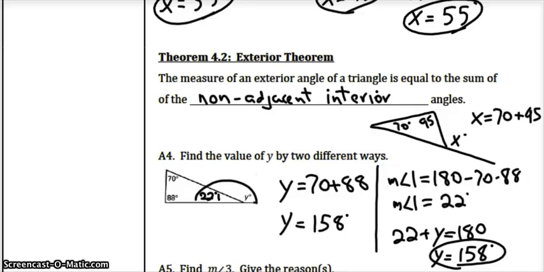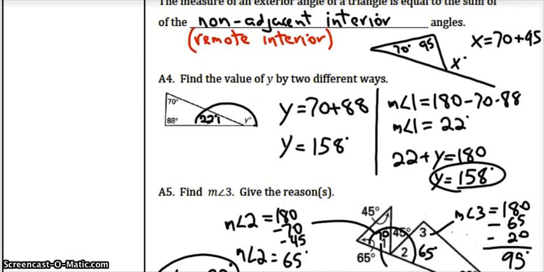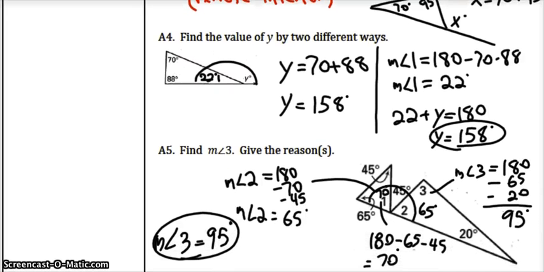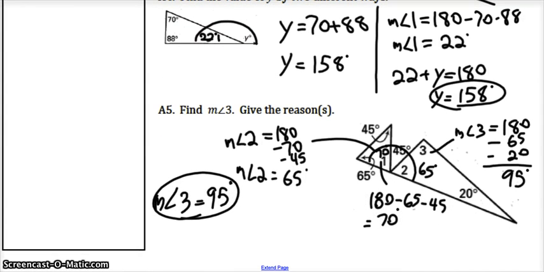Sometimes this is referred to as remote interior. So just another terminology you may see, instead of non-adjacent interior angles, we could call them remote interior angles. So forth here, I don't think there's a whole lot that we can do here.